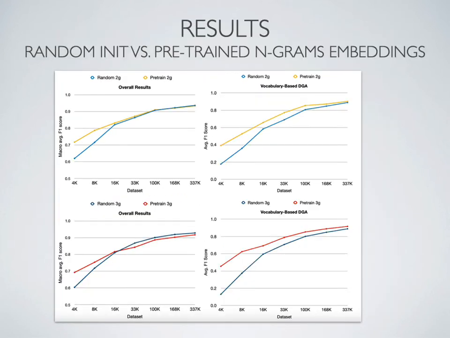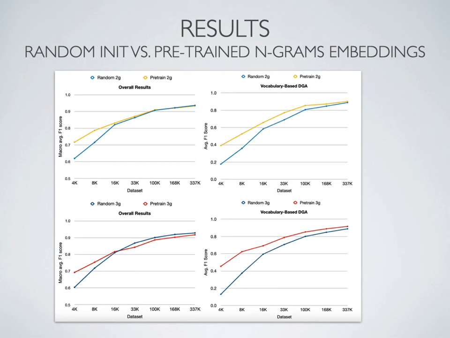In these charts, we compare the random initialization with the pre-trained embeddings-based initialization, both in the 2-gram and 3-gram models. And you see that, especially for vocabulary-based DGAs, we always have an improvement. And in some cases, this improvement also holds when the datasets are bigger, even if the improvement is smaller, of course.